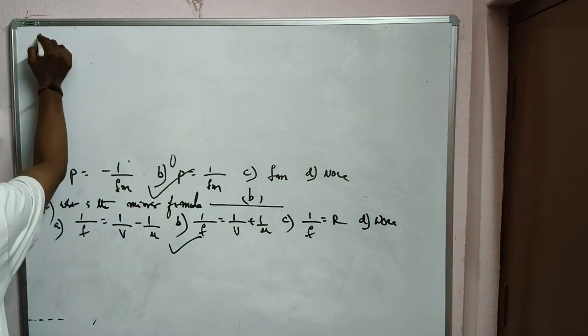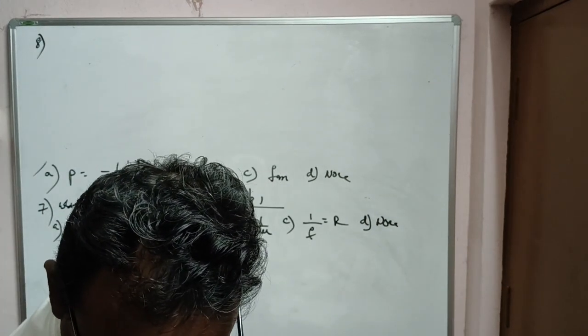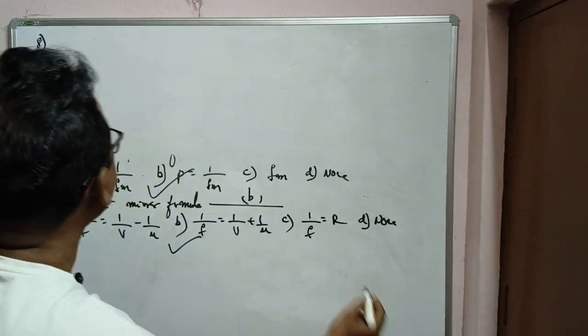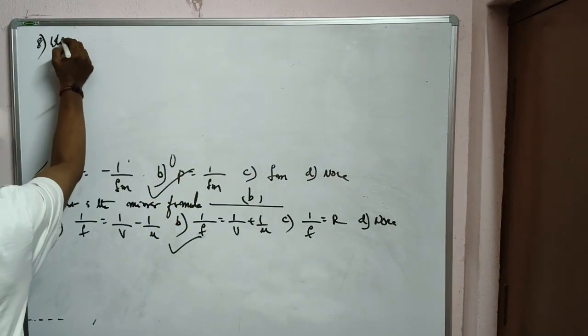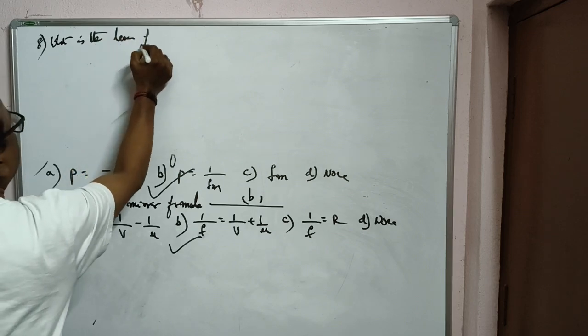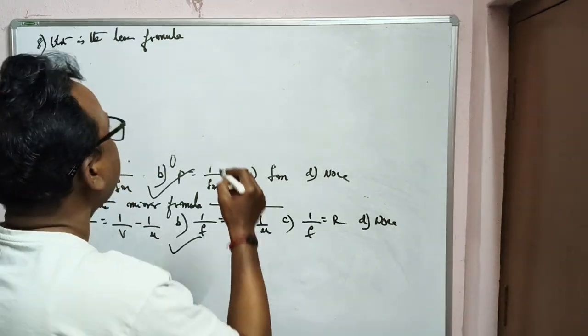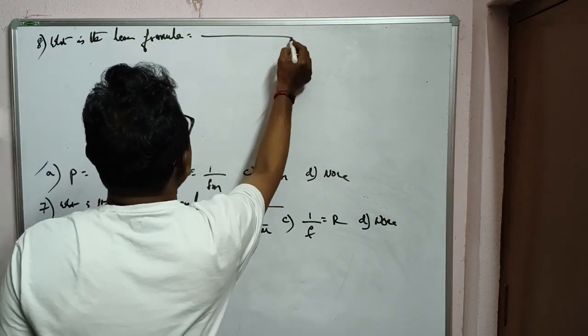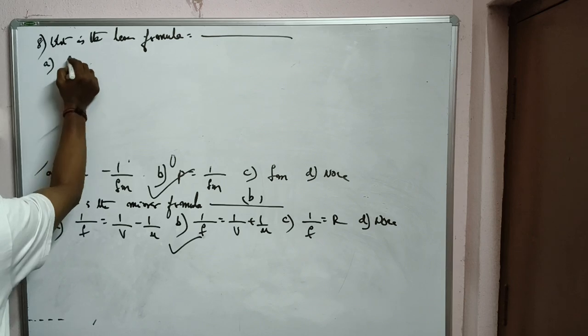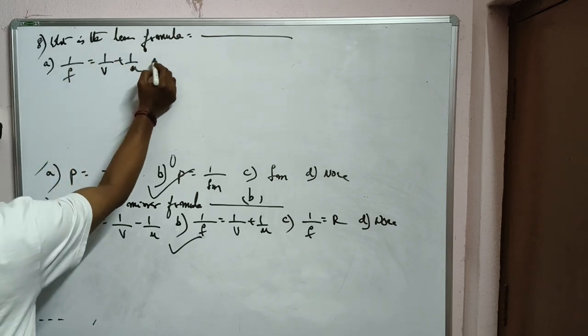Eighth question. What is the lens formula? Yes, coming one by one questions. A, 1 by f is equal to 1 by v plus 1 by u.